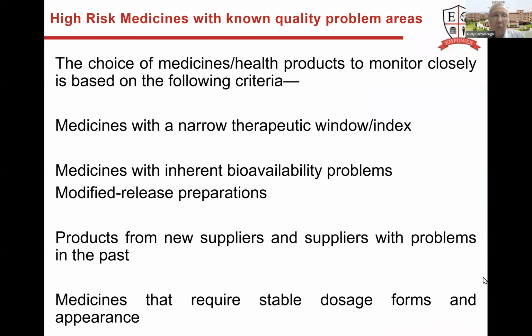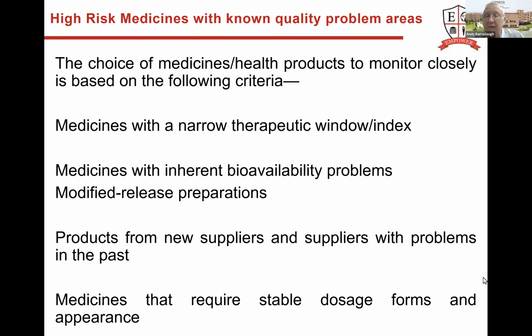There's one other reference. There are basically 5 criteria we have to use, and we'll talk a lot more about this in the quality assurance module, which is the next one in the course. Does it have a narrow therapeutic window? Does it have bioavailability problems? Is it from a new supplier that I've not used before? And is it on the stable dosage forms list?